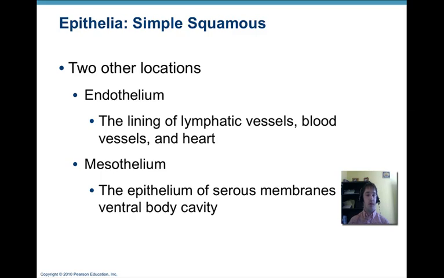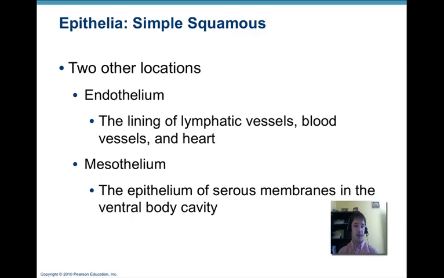Two other important locations of simple squamous tissues or simple squamous epithelia are the endothelium. This is the continuous lining of blood vessels. It's also found in lymphatic vessels and the heart. It's this smooth layer on the very inside of these vessels.